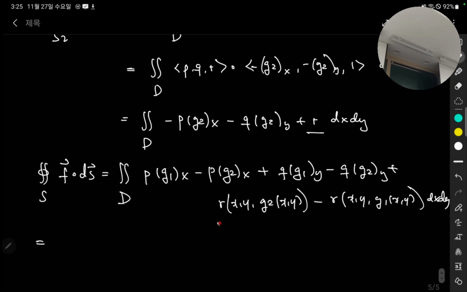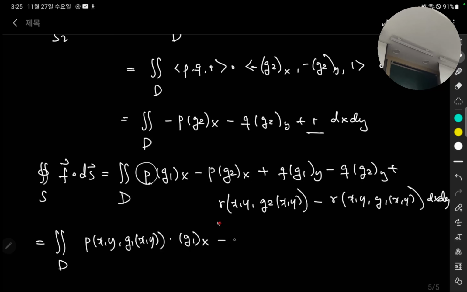Okay, and the same thing applies to the case for P. So let me rewrite here. P of x, y, here z is replaced by the value of G1 of x, y, and G1x.